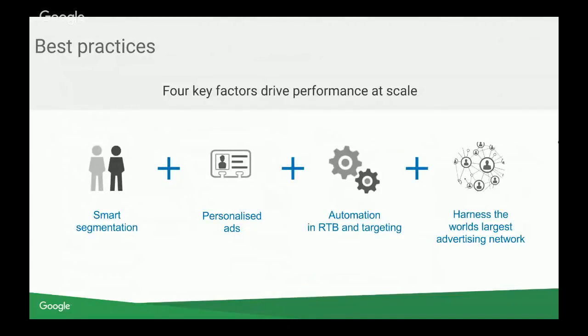So yeah, basically for the very end, we still have a couple of minutes left. We would just like to share with you some best practices and mention some key factors that can drive performance at scale. A very important factor here in dynamic remarketing, as we already mentioned, is smart segmentation.